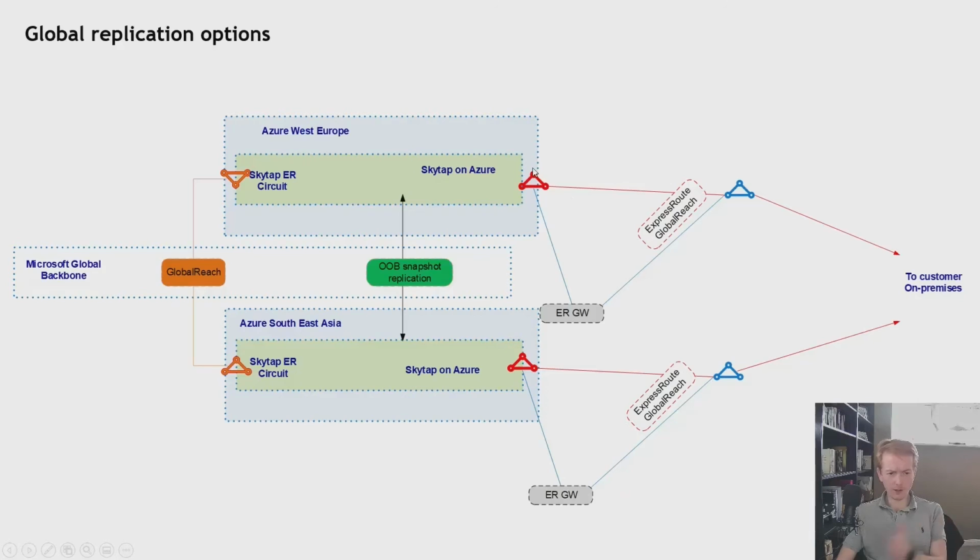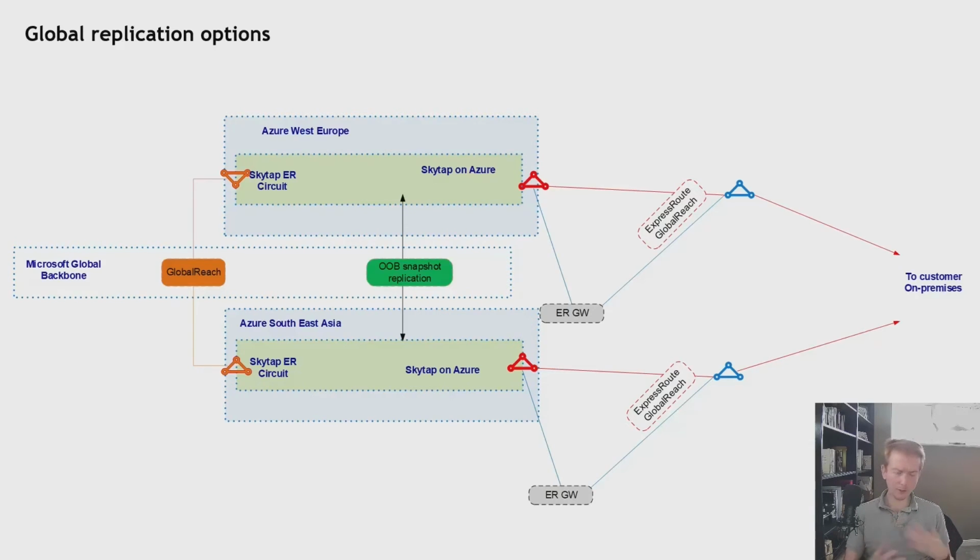Everything to the right-hand side of this diagram is customer connectivity, which I dealt with on the previous slide, but we're now more focused on the orange and green boxes here. Inside Skytap, depending on how you're doing replication, if you're doing the snapshot replication, then that's going to be replicated out of band for the customer.